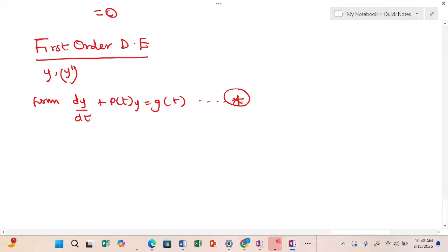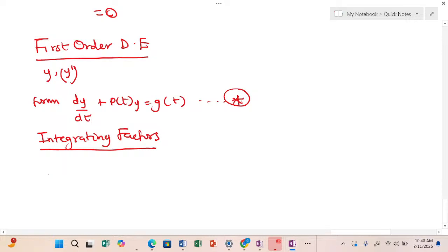So this is a first order differential equation. Now there are several methods of solving for the general solution of first order, and one of them is the method of integrating factors. So we are touching on the method of integrating factors.